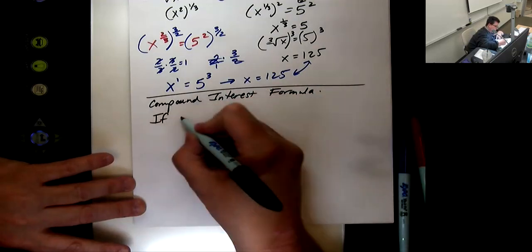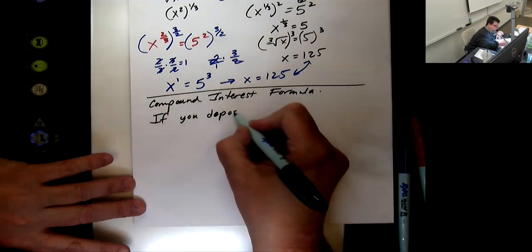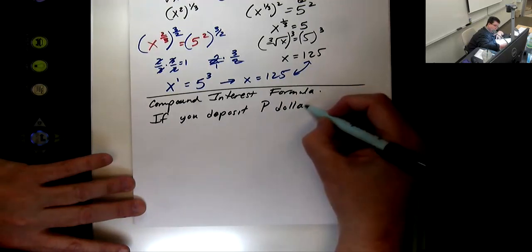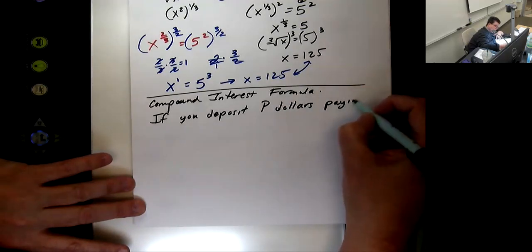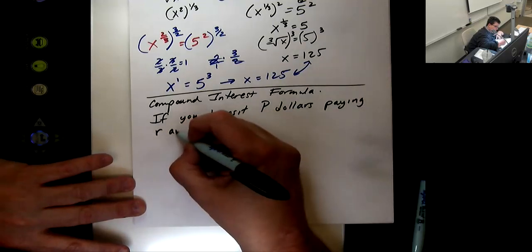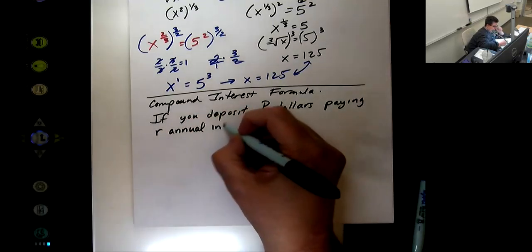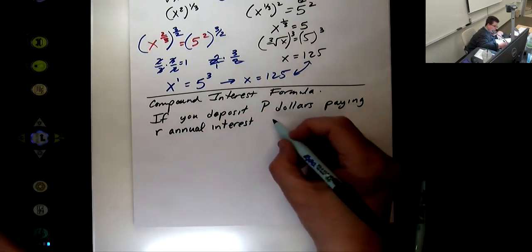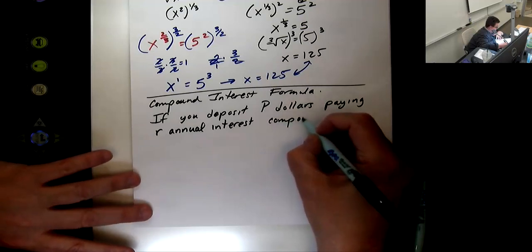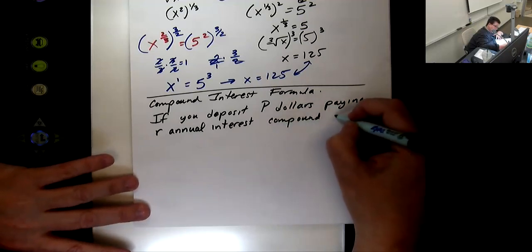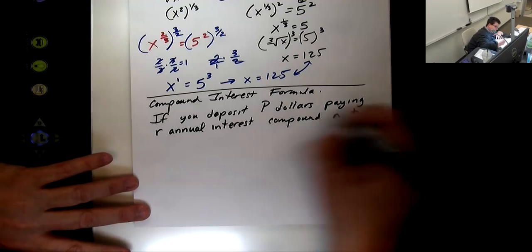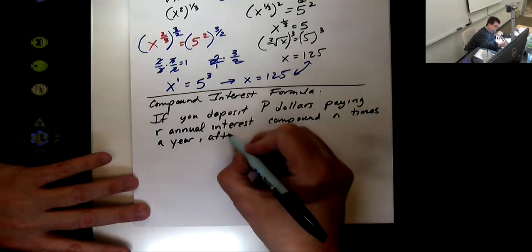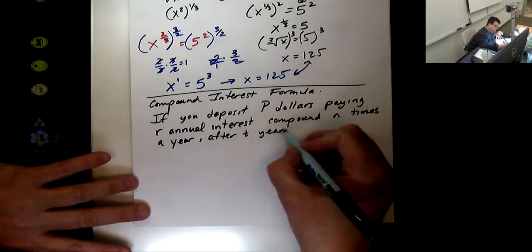If you deposit P dollars paying R annual interest, compounded n times a year. After T years, you will have the following.